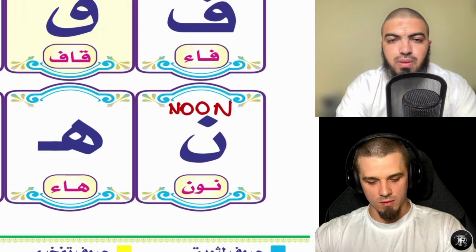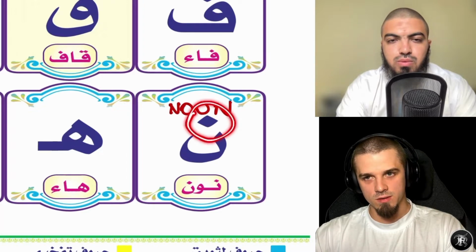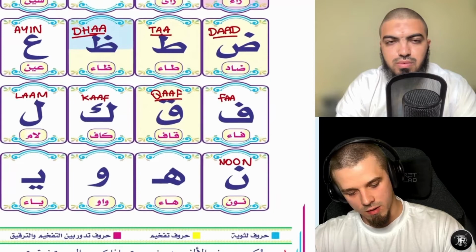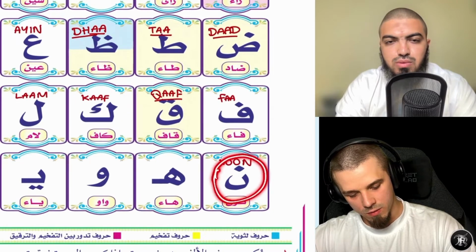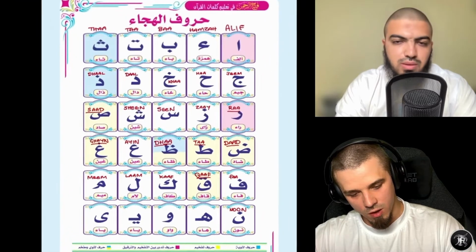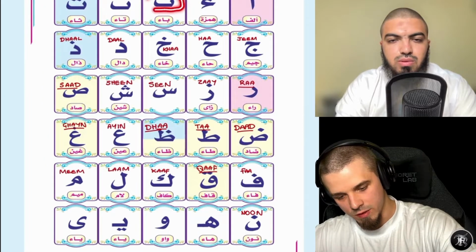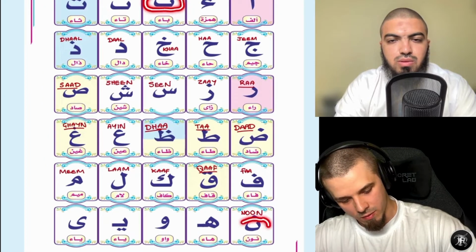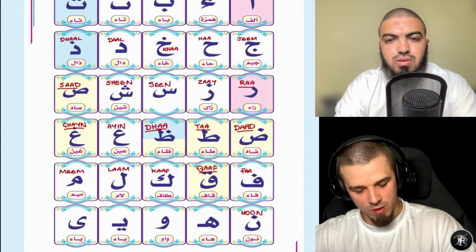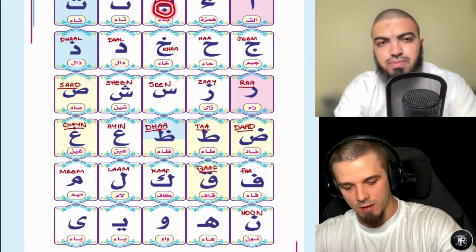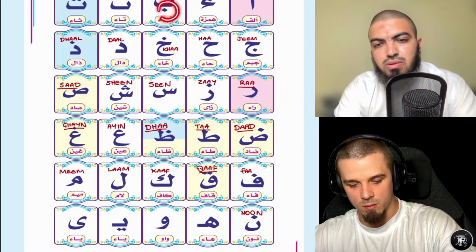One of the things to remember is this letter has 1 dot above it. So we have this shape here where there's 1 dot at the bottom, and then we have this shape here where there's 1 dot at the top. They're quite similar, not exactly the same. But just remember that the noon has the dot at the top and the ba has the dot at the bottom.